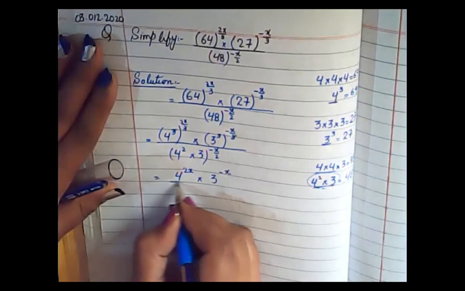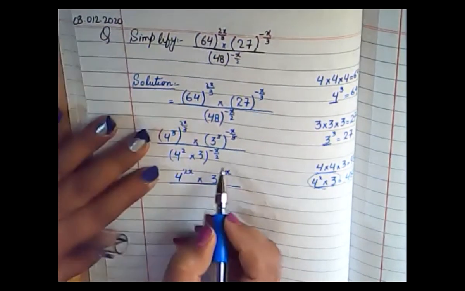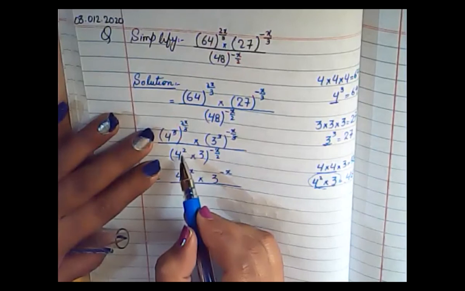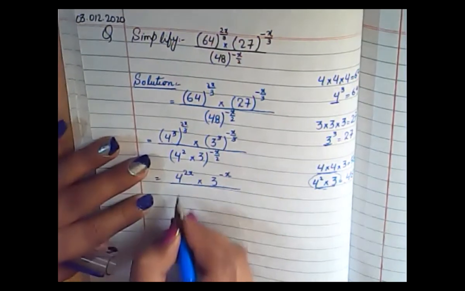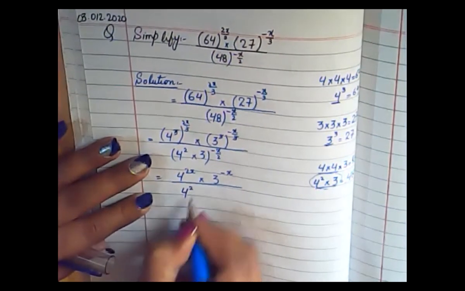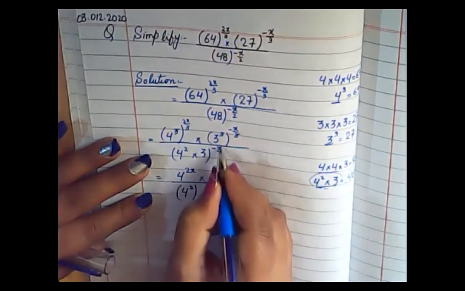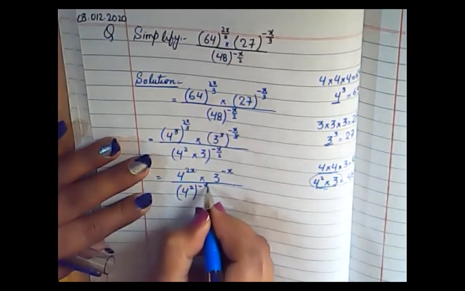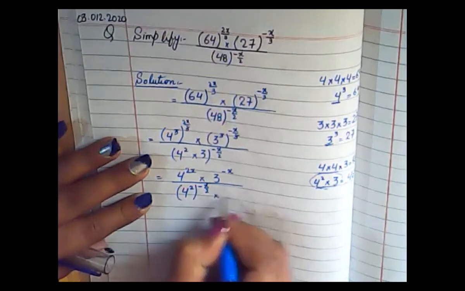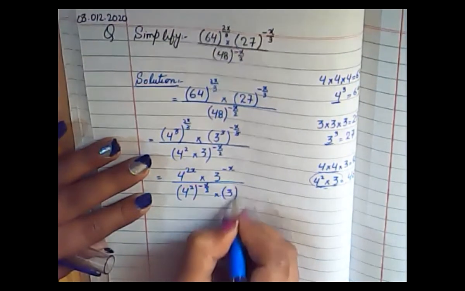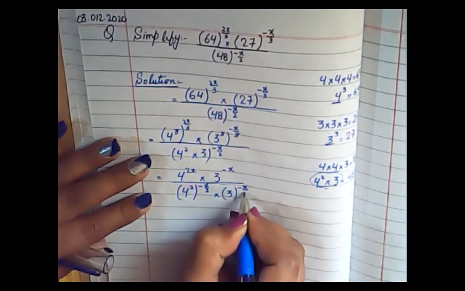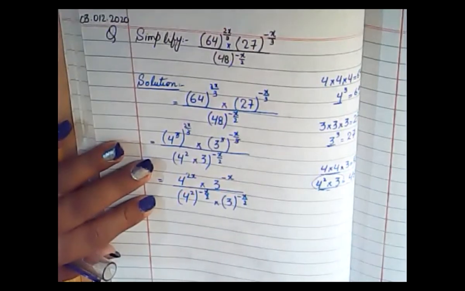Now, if we talk about the denominator, I'm going to give power to each number here. How? I'm going to write 4 square, and it has whole power minus x upon 2, multiplied by 3, and it has whole power minus x upon 2, right? Clear?